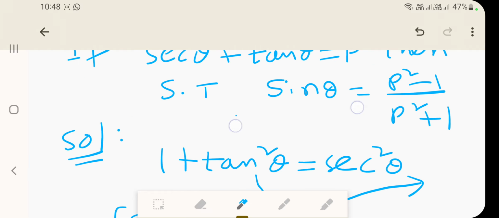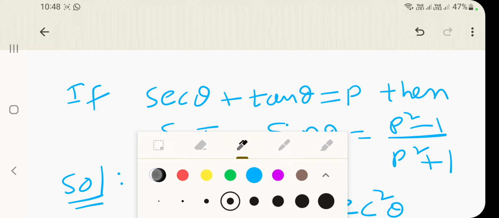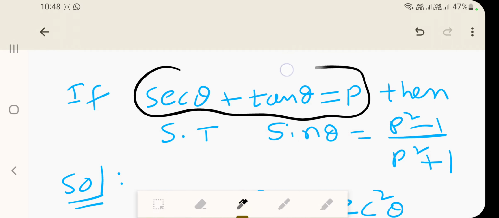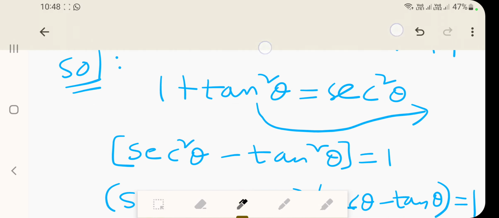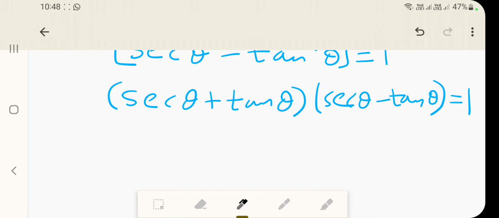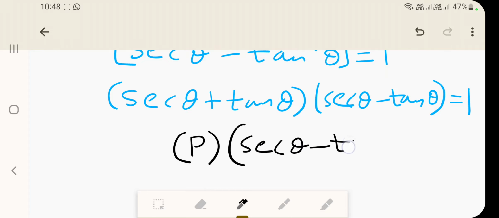Now what they have given in the problem is secant theta plus tan theta is equal to p. So we substitute here: p into (secant theta minus tan theta) is equal to 1.